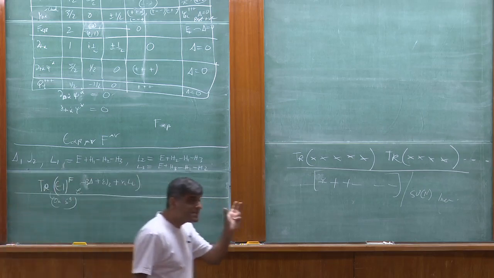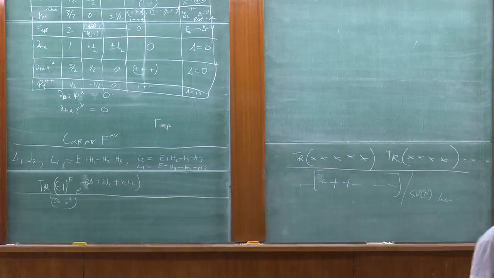Remember, these letters are N by N matrices. But after taking the Fock space, you want to project down to the space of SU(N) invariants, singlets. Is this clear? So this is the Hilbert space over which we want to compute this trace.